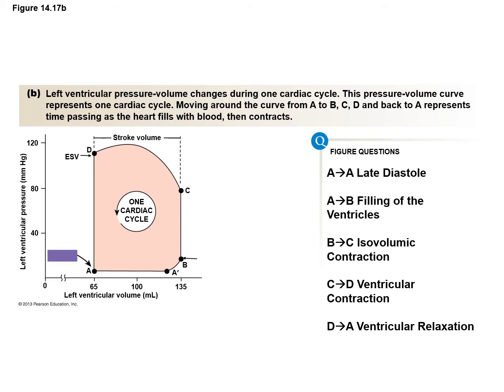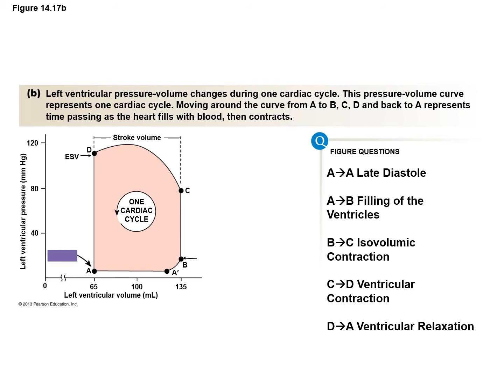From there, we move from A to B. A to B shows us we have an increase in volume and an increase in pressure, whereas from A to A, all we saw was an increase in volume with no increase in pressure. So A to B represents the actual filling of the ventricles via active contraction of the atria, or the start of atrial systole.